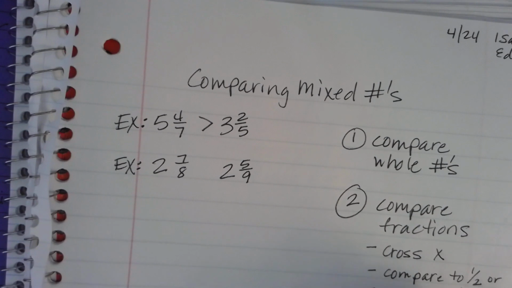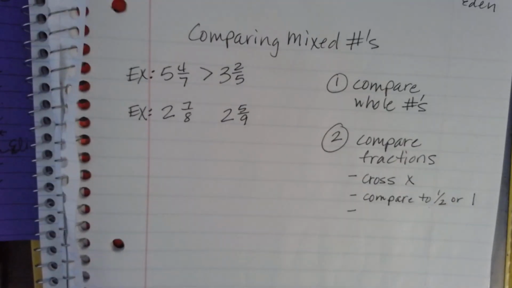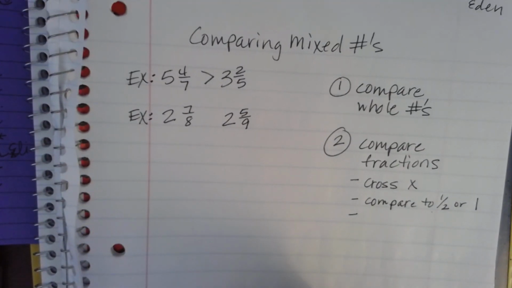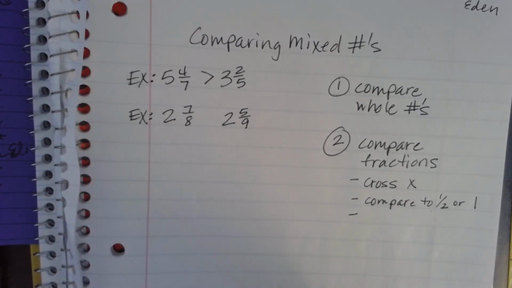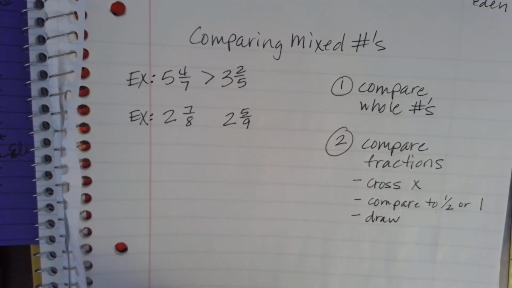And there is one last thing that you can do, which I've kind of like tried to say, hey, do this last of all, because it takes a lot more time. But what is that last thing that you could do to compare your fractions, Jacob? You could draw. You could draw them out.